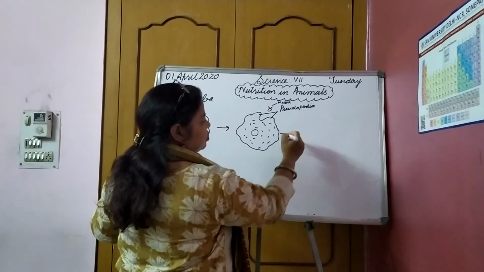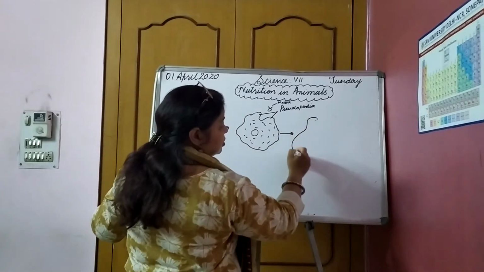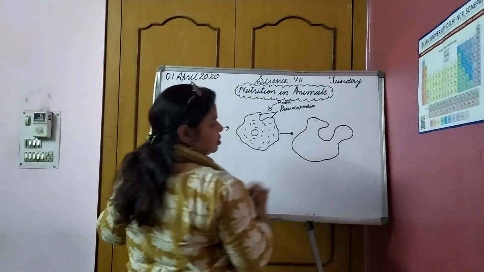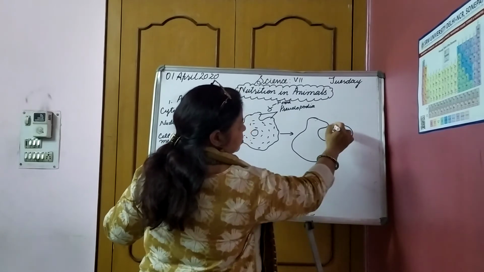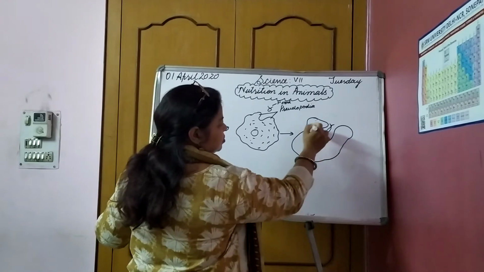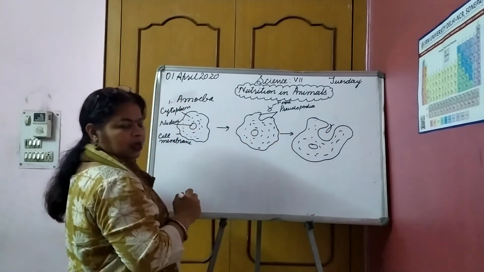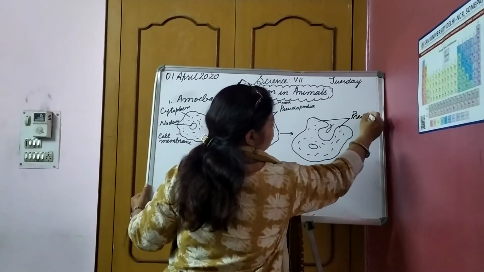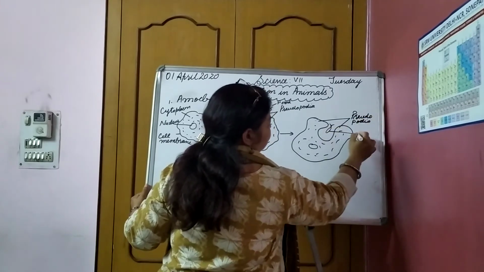Okay, after this what will happen? These pseudopodia are going to go a bit deeper. They are going to encircle the food. Okay, food, and these are again pseudopodia, the food.